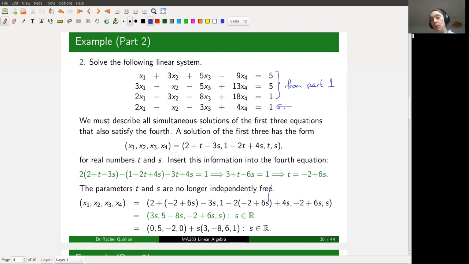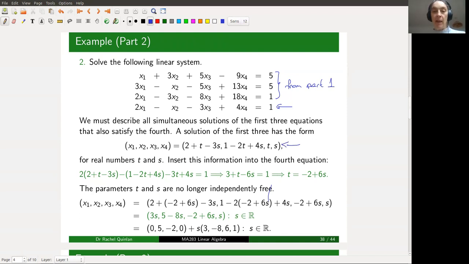So one thing that we can do, given that in this particular setup we know the general solution of the first 3 equations, is take our description of that and put it into the fourth equation, and that's new information about what s and t would have to satisfy to give us additionally a solution of the fourth equation. So we know that the general solution of the first 3 equations looks like this.